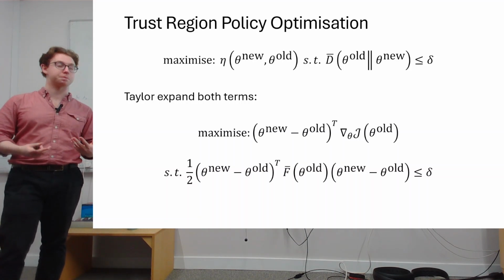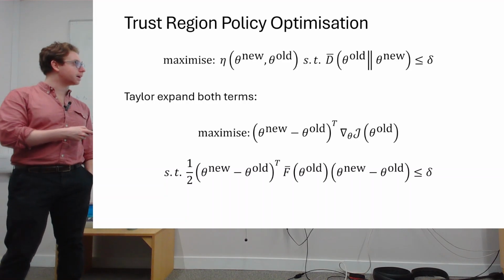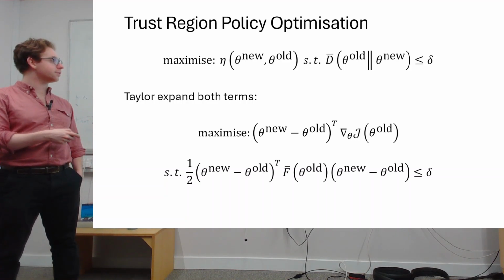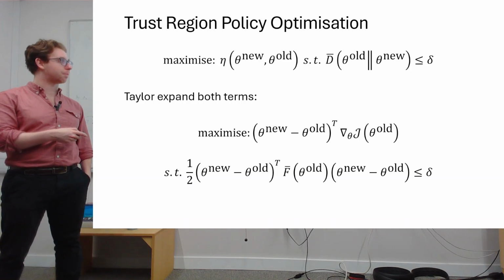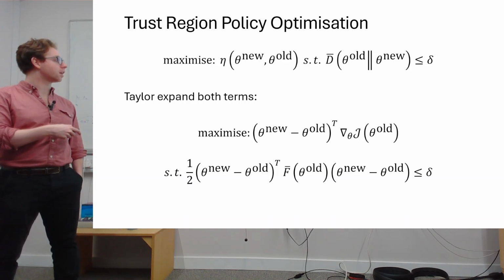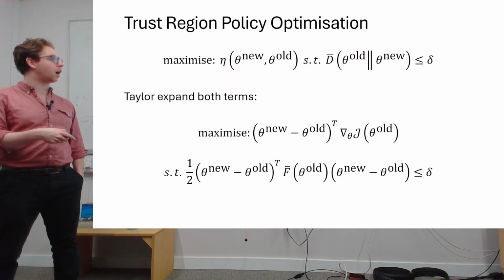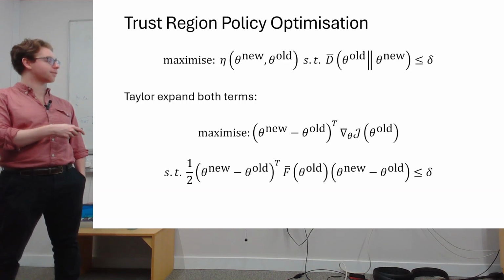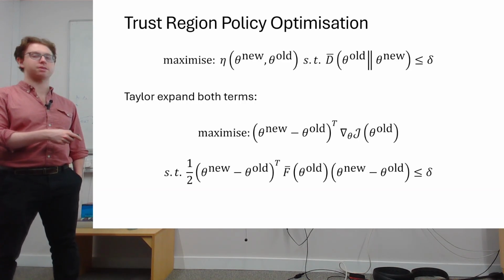It's exactly the same as before. So we want to maximize the difference inner producted with the policy gradient direction, subject to the constraint that the inner product of theta new minus theta old with respect to the average Fisher information matrix is less than or equal to delta.